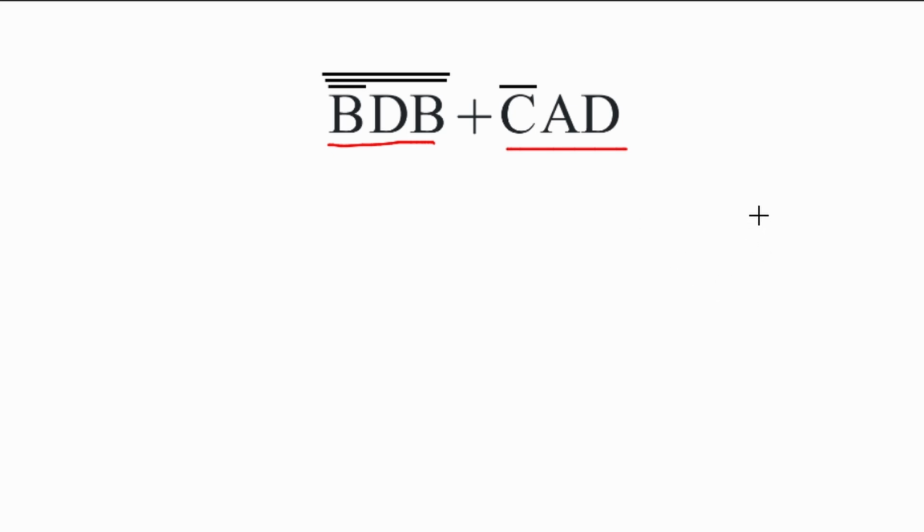So we know our output will ultimately come out of one singular OR gate. I'm going to call the output X. And these two inputs will represent these two terms.